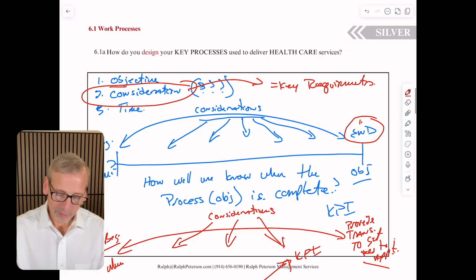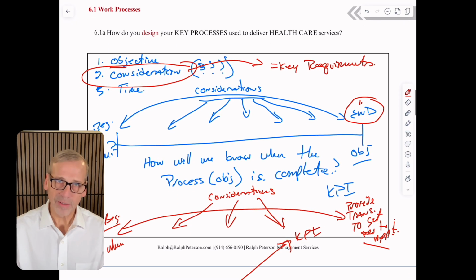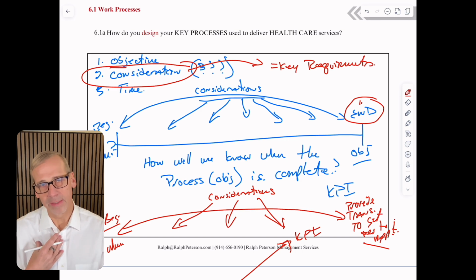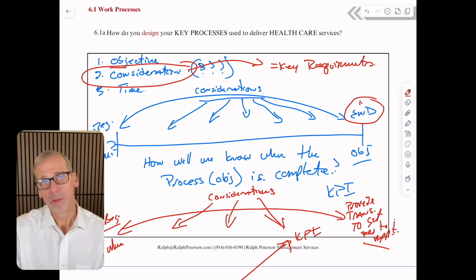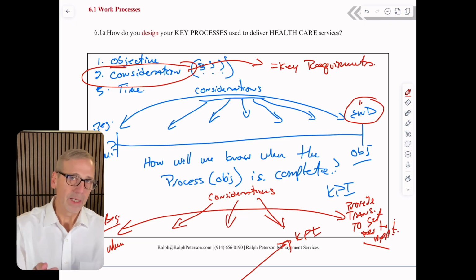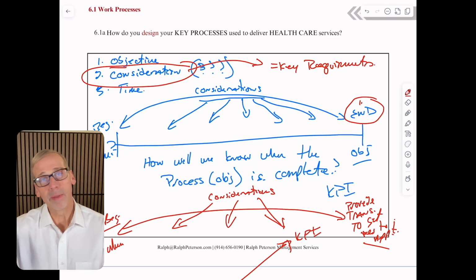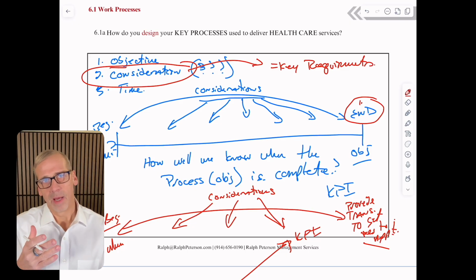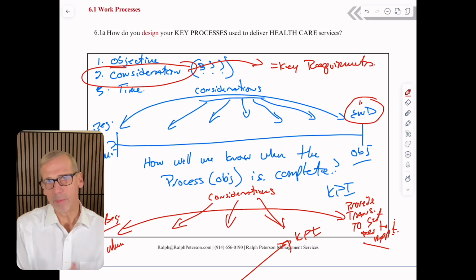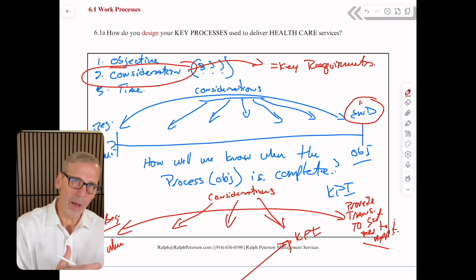But just to give you a more firm answer, I would say that the way that we design a key work process is we start with identifying the objective. And then we take into consideration, and I would probably mention all the things I take into consideration. Take into consideration all these things. And then I consider the timing piece of it. When do I need to start? How often does it have to happen?